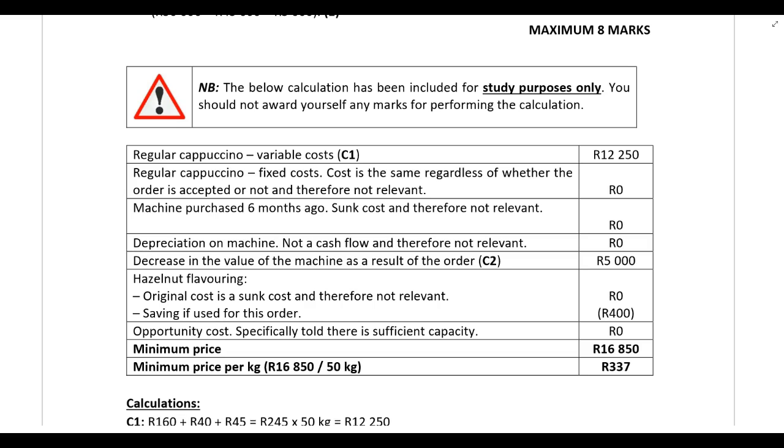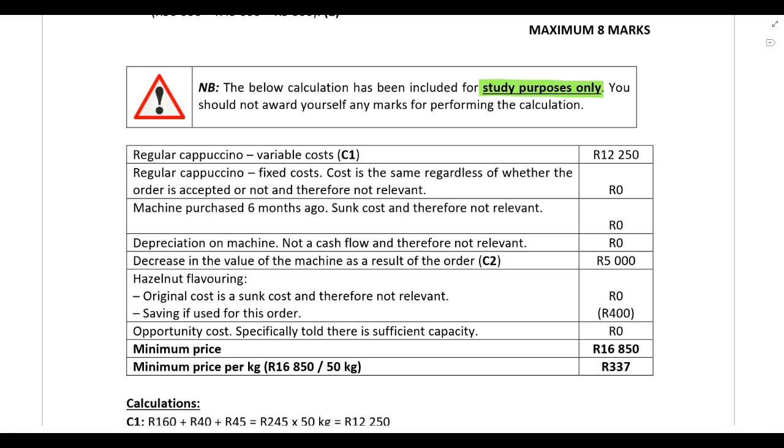So this has been included here for study purposes only. If you did this, you don't get any marks because you're not answering the required. However, I do recommend that you have a look at this because it obviously shows you how the calculation should be performed correctly. And you'll see when I'm discussing this with you now, I will also refer to this because that helps us determine where the errors lie in the accountant's calculation.